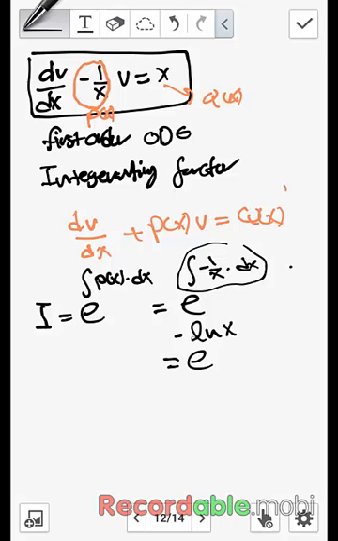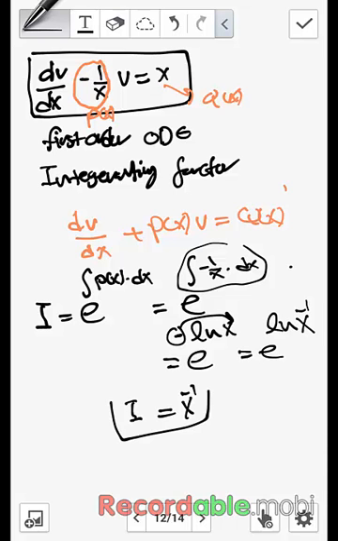If you know the rules for the natural logarithm, this will equal e to the power of ln x to the power of minus 1, because the minus can go inside; you can review the rules for logarithms. So the exponential and the ln will cancel each other out, and it will equal x to the power of minus 1. This is the integrating factor.